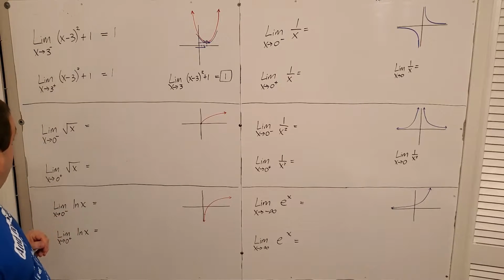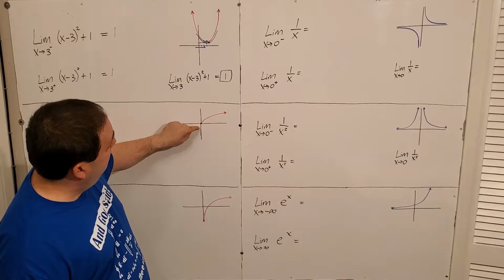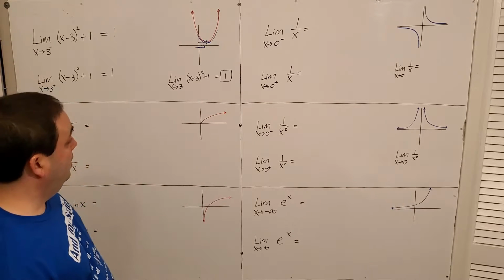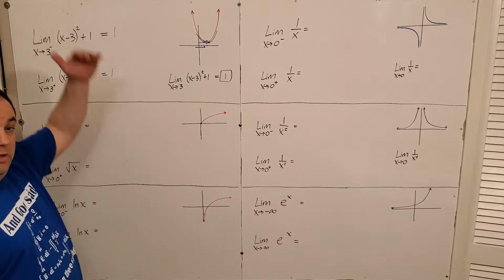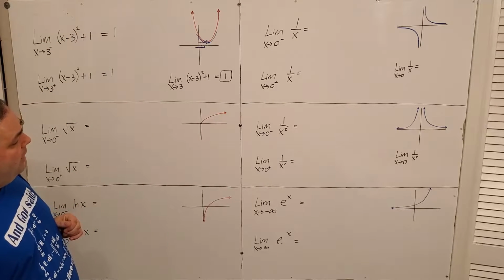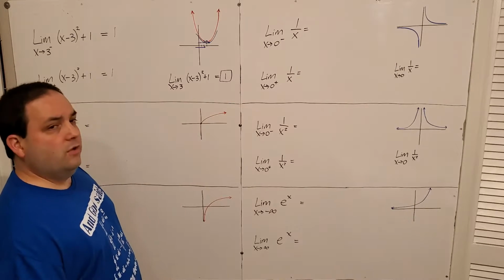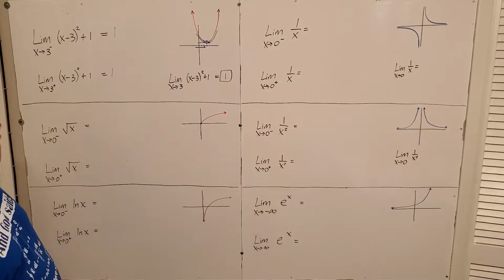Here's a good example though. The square root function, remember, is a sideways parabola, but it's only the top half because we made it into a function by only using the positive version of the square root, the top half. Okay? Well, it starts at the point 0, 0 here and then goes off to the right. There's no graph on the left part of the graph there.